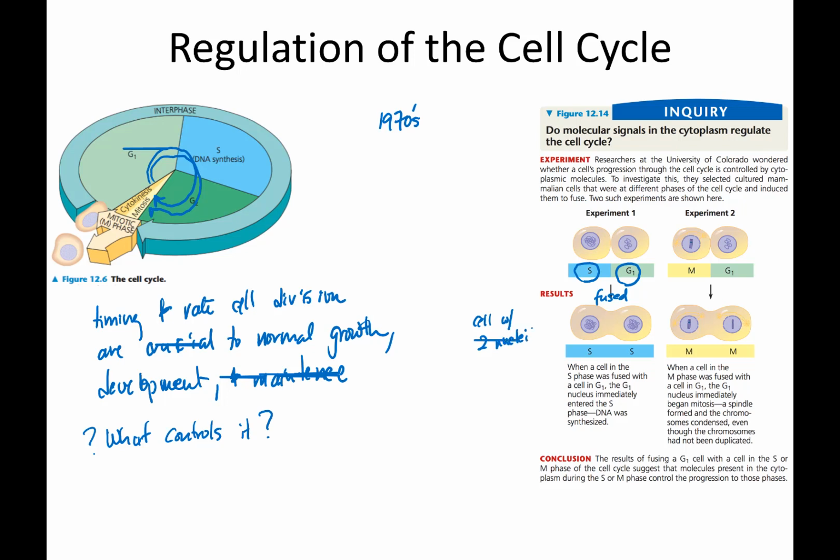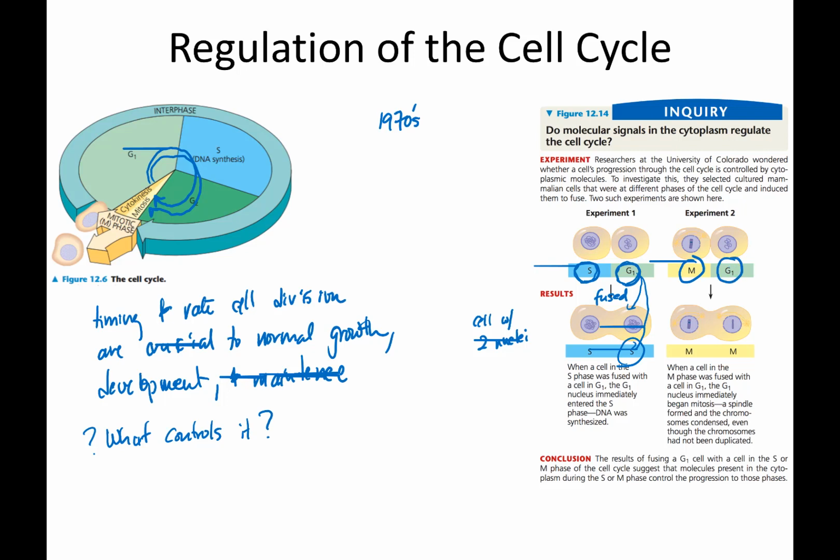And when they fused a cell in the S phase to a cell in the G1 phase, the G1 nucleus was immediately forced into the S phase. And in a similar experiment, they fused a cell in the M phase to a cell in the G1 phase.